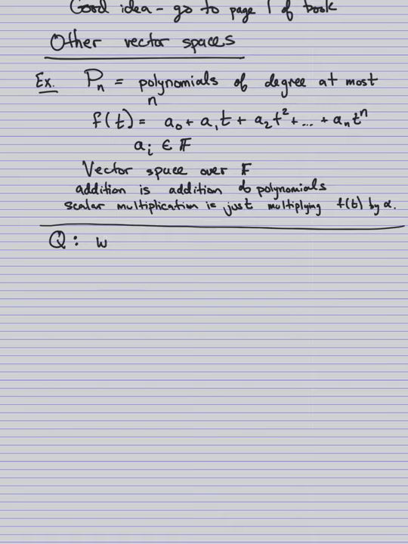So why is, let me call it Rn, the polynomials of degree equal to n, not a vector space?